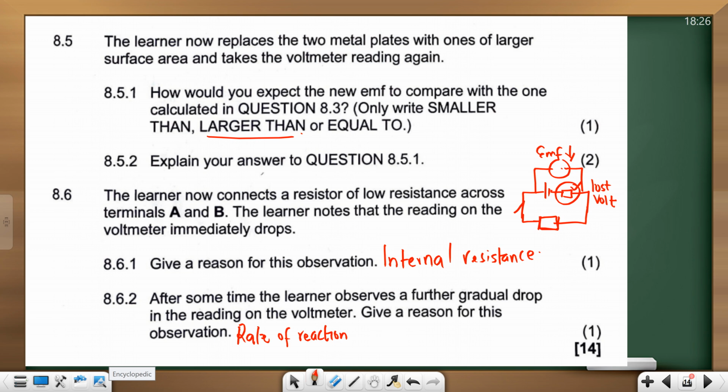All right, so we were saying that after some time, the learner observes a further gradual drop. Now, what happens? Why are we experiencing a further gradual drop?